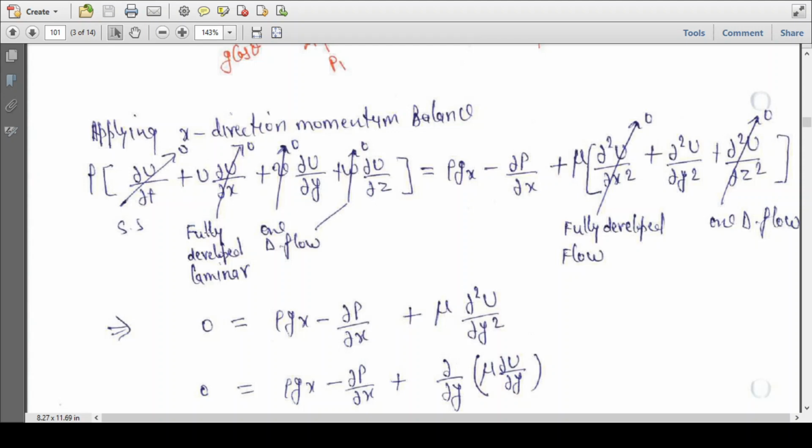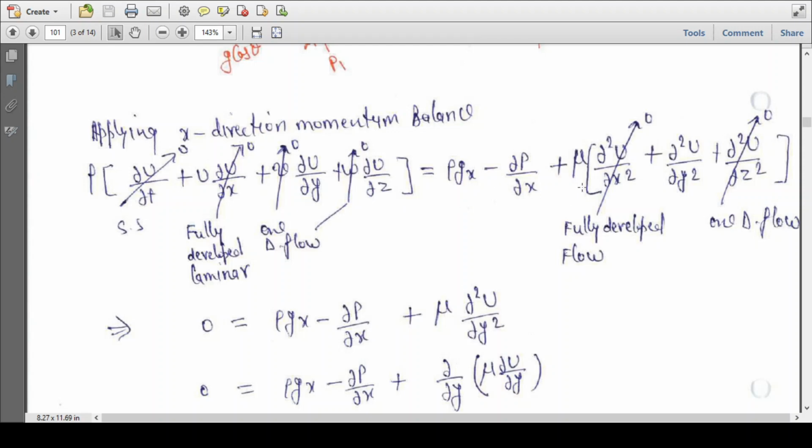Second, we have fully developed flow in direction x, so velocity should not change with respect to the x coordinate, therefore this term is 0. Another constraint is that the flow is totally one-dimensional, meaning no velocity component in the y direction and none in the z direction, therefore v and w are 0.